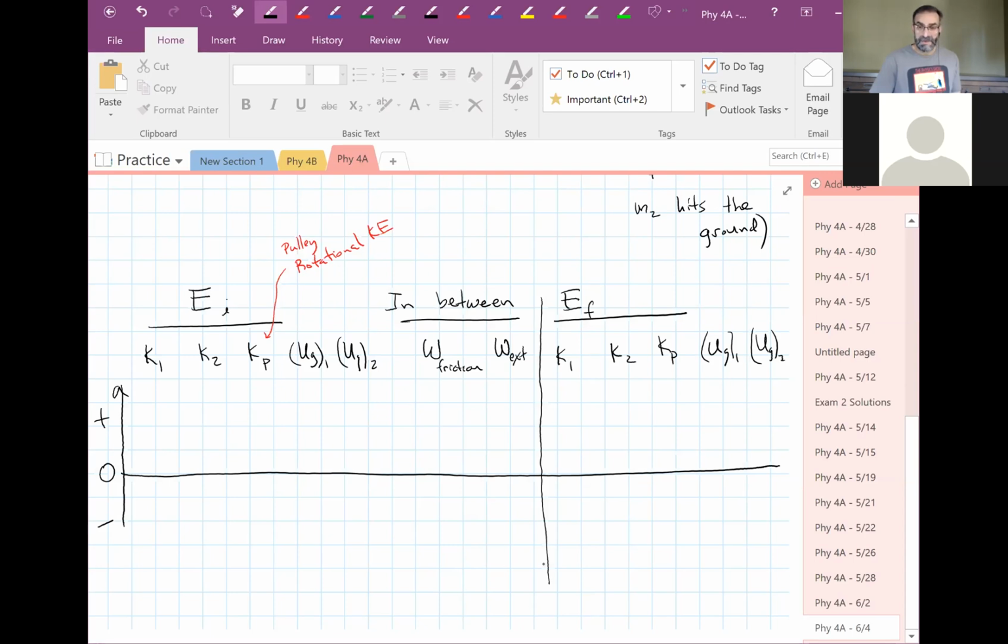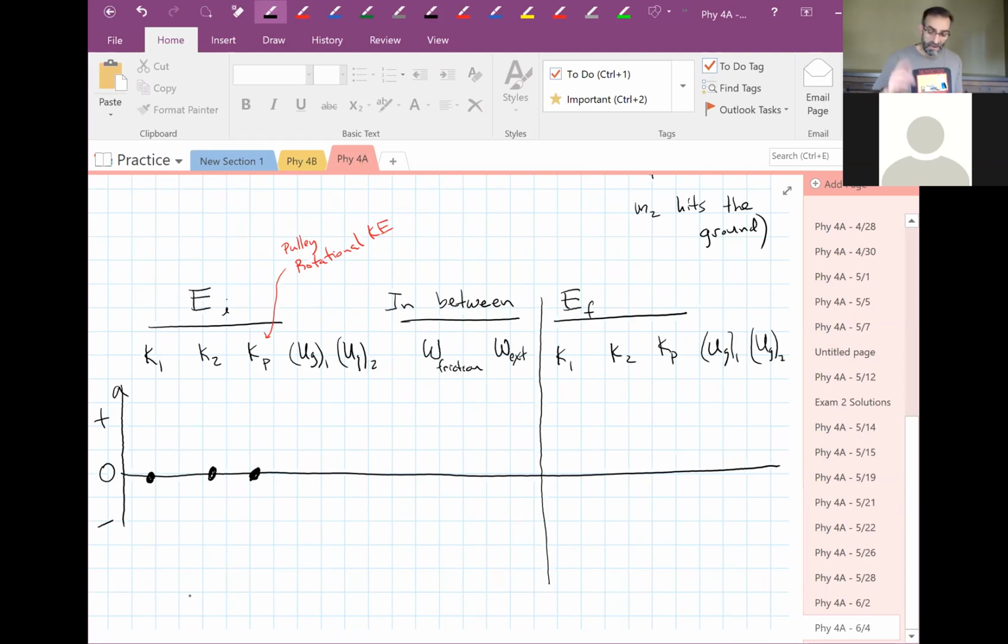Is anything moving initially? No. Then there's no kinetic energy for block 1, block 2, or my pulley. Are things moving at the end? Yes, they are. And that means they have kinetic energy.